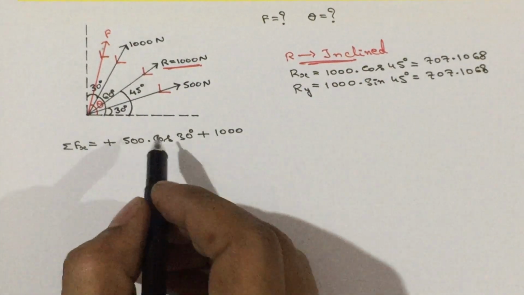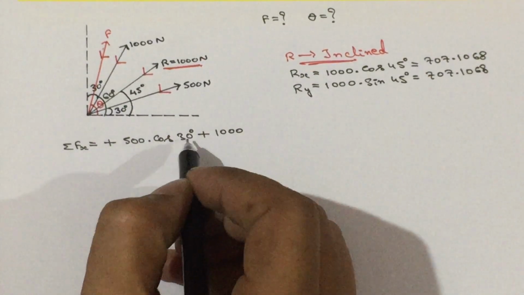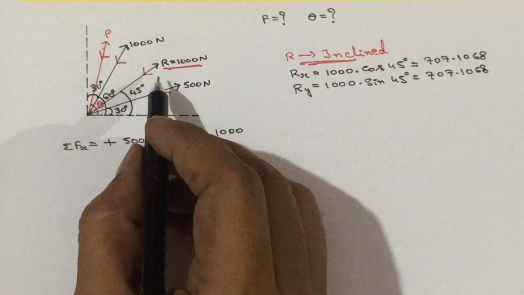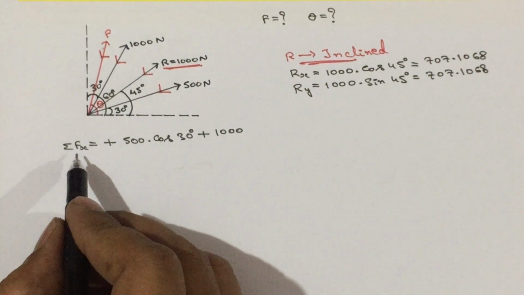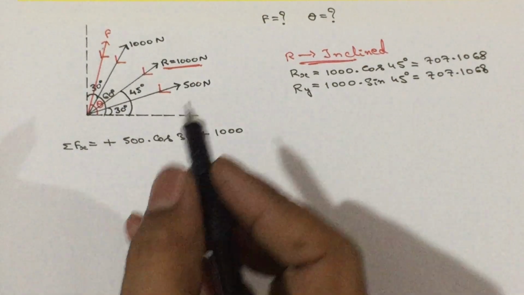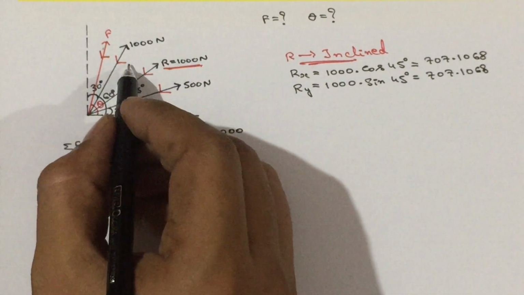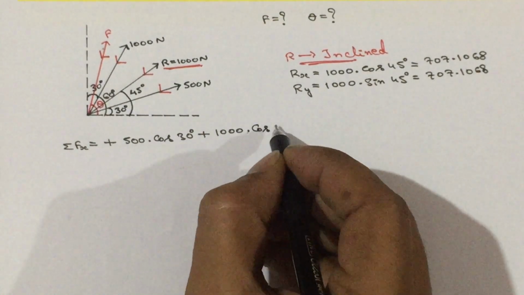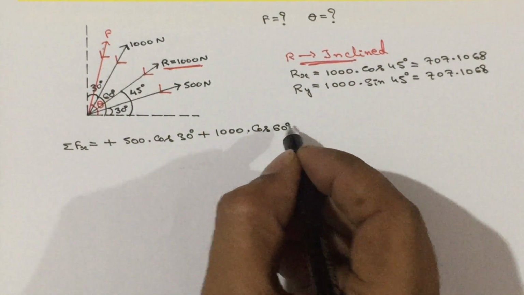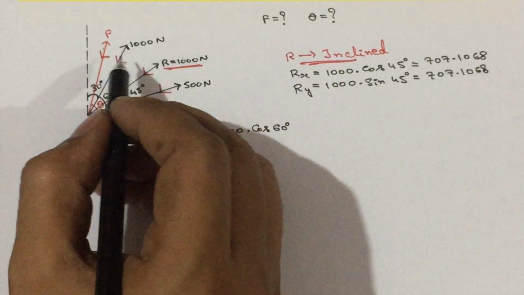So, once you calculate the resultant components, let us go for sigma fx. Sigma fx, only the horizontal force, horizontal component, that is 500 into cos 30 positive, vertical component leave it. Since it is the resultant, leave it. We are calculating only for forces, normal forces. So, next one is 1000. Horizontal component is 1000 into cos of horizontal angle 60 degree, rightward positive, vertical component leave it.